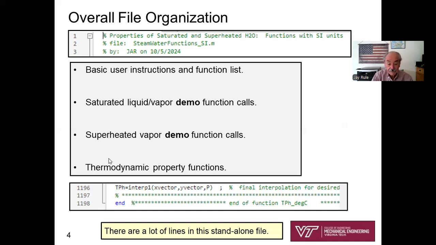So this is basically the MATLAB coding of all the functions. Up here, you're going to see that the demos are really very short, very tiny little short pieces of MATLAB code. So I hope you get the idea of the organization of all of the thermodynamic property tool files that I'm offering you.